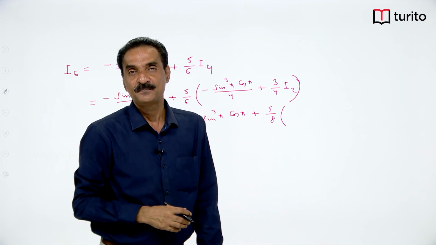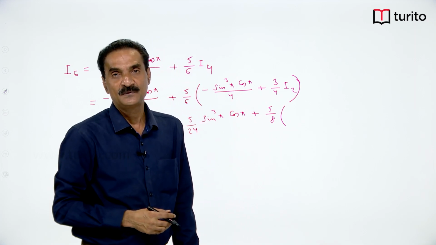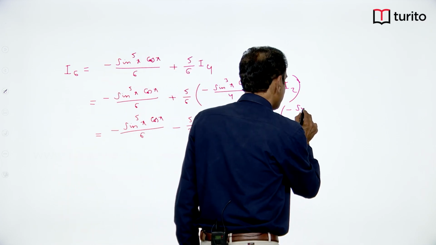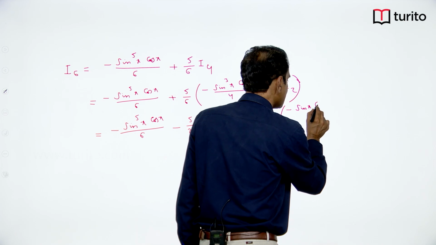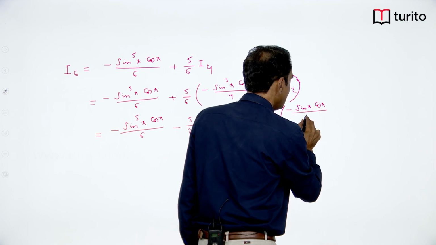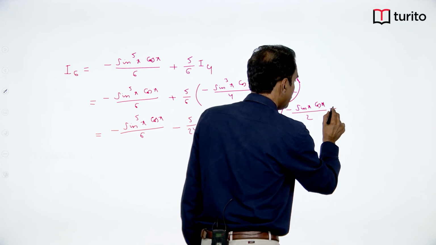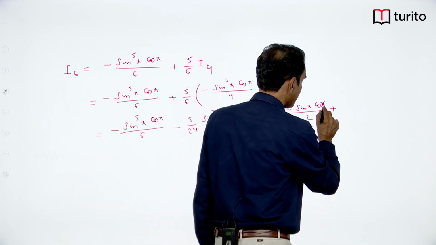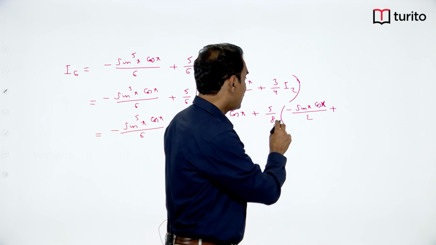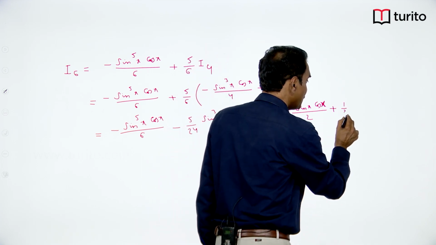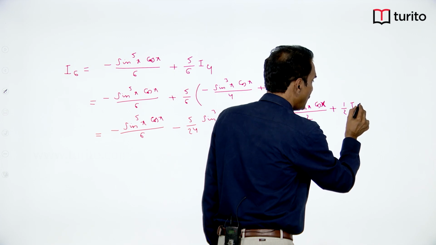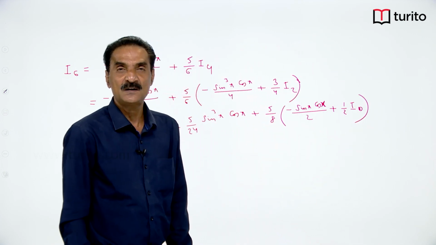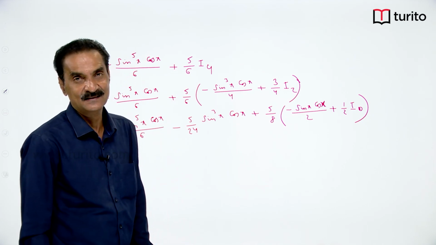Use the formula for I2, taking n equal to 2, you will get minus sin x cos x by 2 plus (n-1) by n, which is 1 by 2, into I2 becomes I0. What is the value of I0? x.